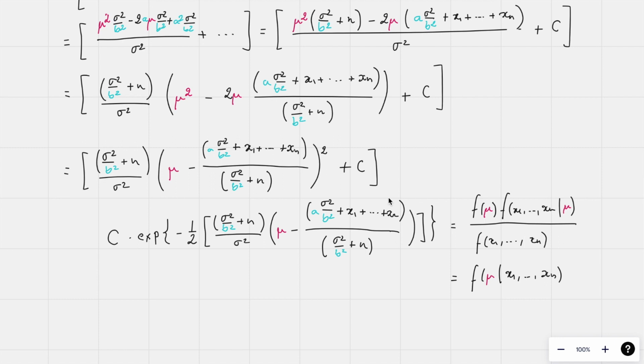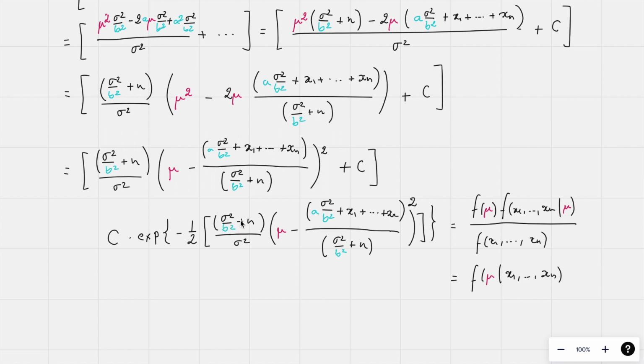But when we look very carefully at this expression, we see that this looks very much like a Gaussian probability density function. Here, I forgot the square term, which was here all the time. So we have a term where mu has an expected value, this thing here, and has variance sigma squared divided by (sigma squared divided by b squared plus n).